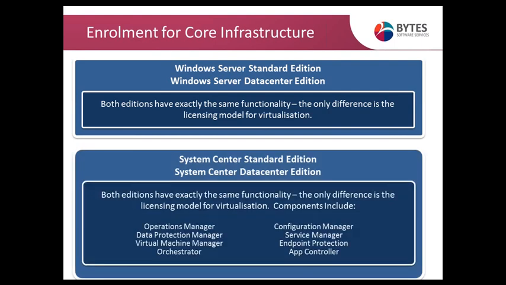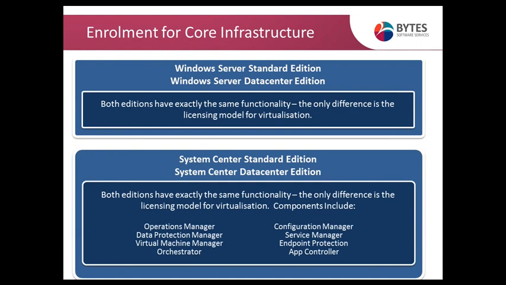If we look at the System Center Standard Edition license and the System Center Data Center Edition, again like Windows Server, the functionality is exactly the same. It includes all those products there: Operations Manager, Data Protection Manager, Virtual Machine Manager, System Center Orchestrator, Configuration Manager, Service Manager, Endpoint Protection, and App Controller. Again, the only difference between the 2 products is the licensing model.